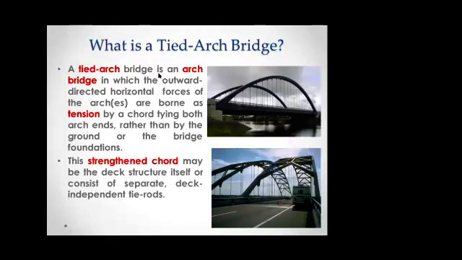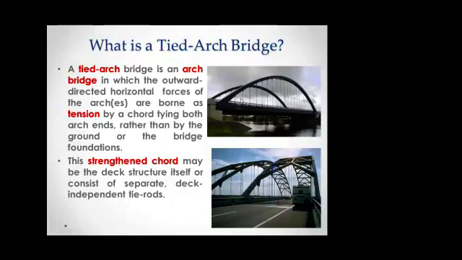So a tied arch bridge is an arch bridge in which the outward directed horizontal force of the arches is bound as a tension by a cord tying between the arch ends, rather than by the ground, the bridge foundation. Instead of transferring the force to the ground, it's just tying between these two ends and creating the tensile force.